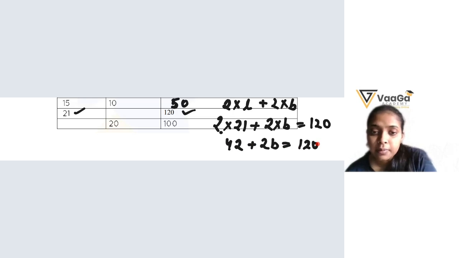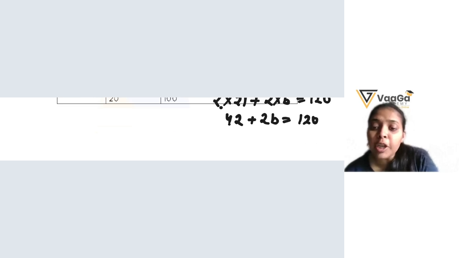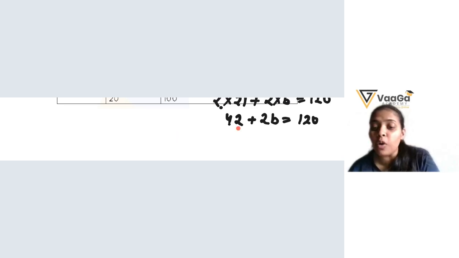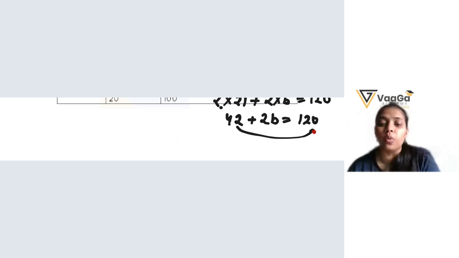Is this correct? Yes. Now, if I need to calculate b, I need to take all the numbers on the one side. So when I shift this 42 to the other side, what will I do? Subtract.